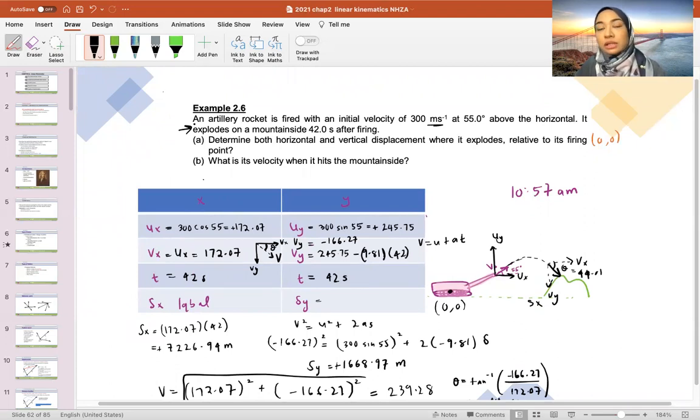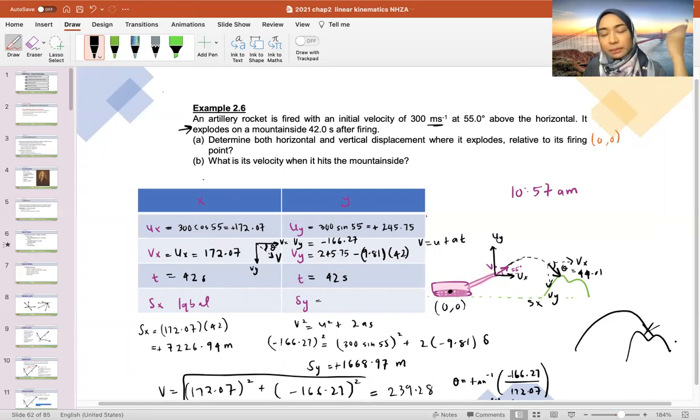Dia meletup, maksudnya motion tu berhenti dekat situ. Okay, bila kita tembak bom lepas tu dia meletup kat sini atas mountain side, motion dia habis kat situ, which means that is the total duration of our projectile motion. This is why I use the 42 seconds as my total duration.